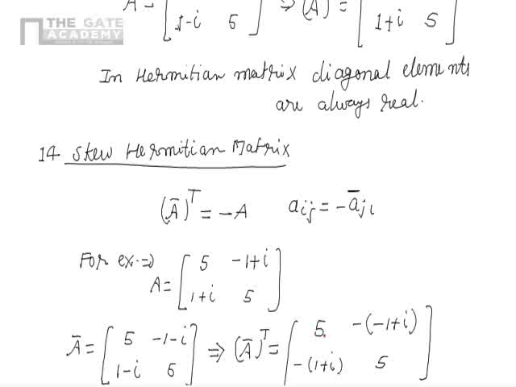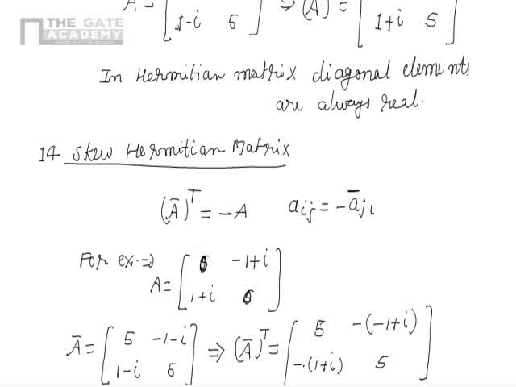So here we can say that if I take the negative out of this, then only it is going to become minus A. So in this case, the diagonal elements cannot be a real number. It should be zero. Let me modify this example.